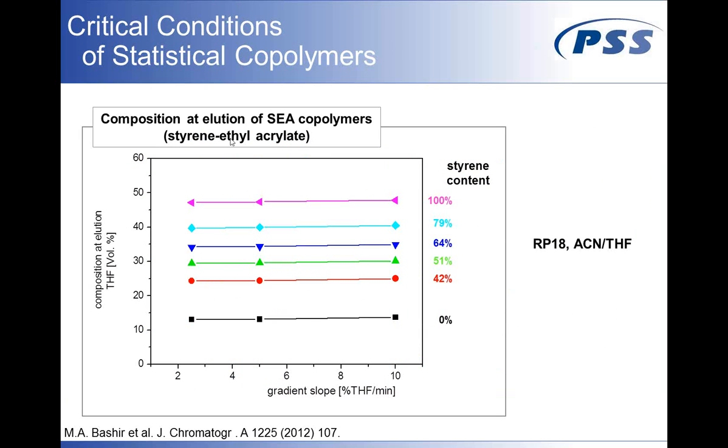This is an example of styrene ethyl acrylate copolymers, and you can see here, if you have a low amount of styrene, basically this is pure ethyl acrylate, you have an elution time of 15 minutes in this linear gradient that has been run.